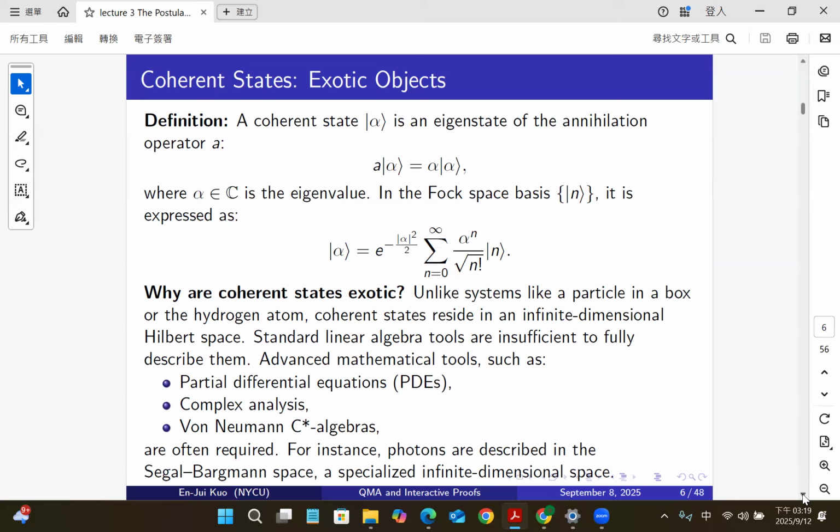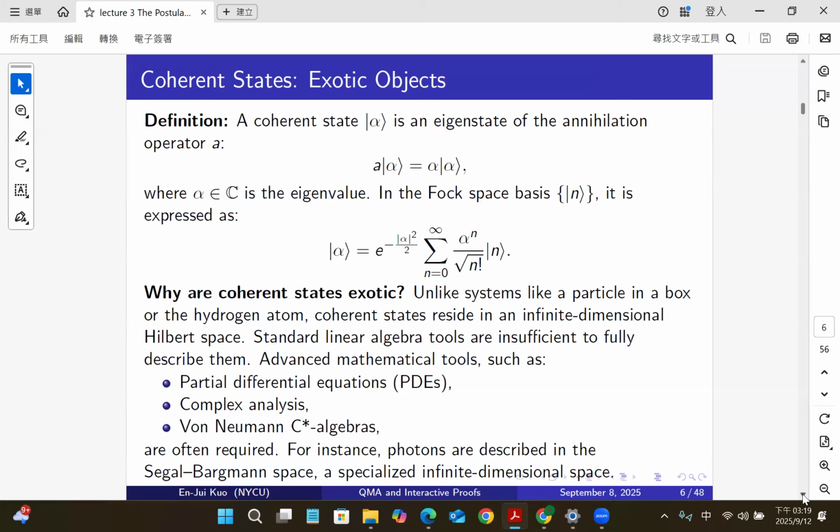And then you sum over n from 0 to infinity, where this is constant, and this is the sum of absolute alpha to the 2n divided by n factorial. This is exactly the Taylor expansion of the exponential of absolute alpha squared, and the two exactly cancel. Okay, so you might say, but what is this for? This is just some weird state, right?